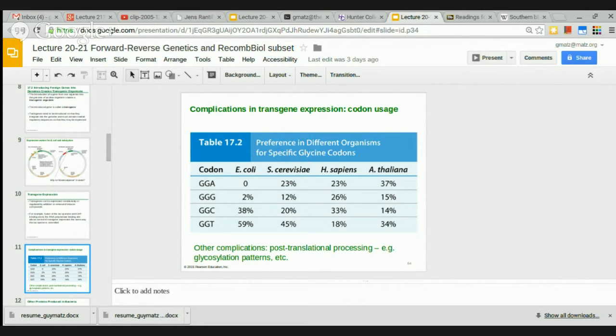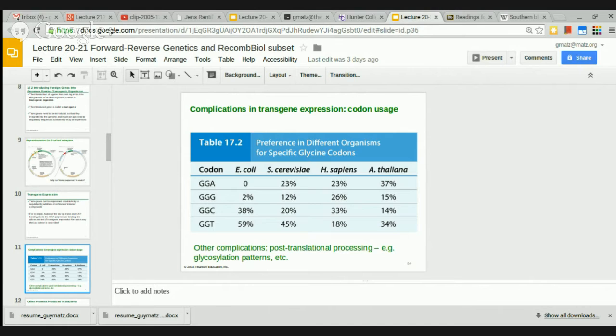If that's the case, expressing it in E. coli may generate a protein, but a non-functional one, because it can't be modified in the ways it normally would be in the organism from which it came.